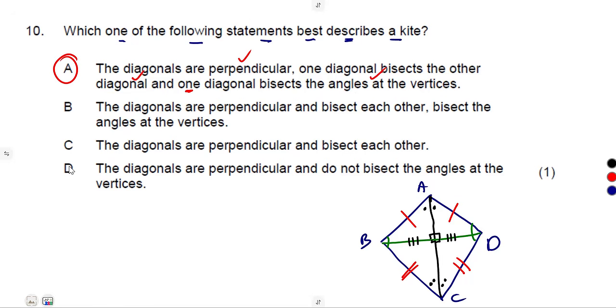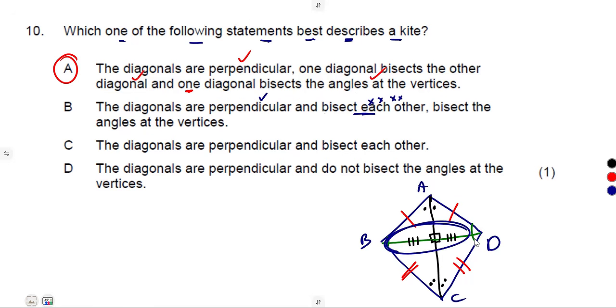Let's see, without concluding, let's see on B, the diagonals are perpendicular. This is correct. And bisect each other. This now is wrong. They do not bisect each other. AC is not divided. This AC was not bisected, guys.